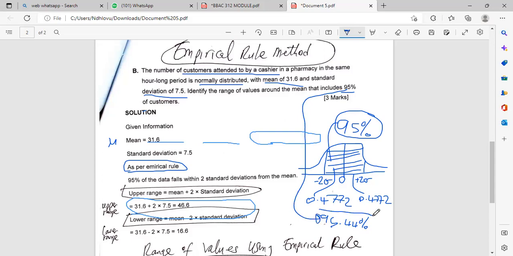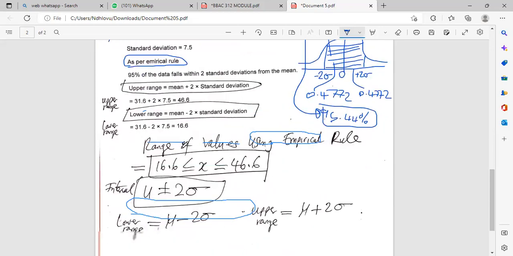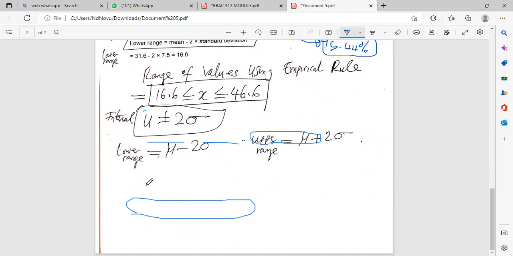Okay, so from here, what goes on is we can get the lower and upper range. The interval is mu plus or minus 2 standard deviations.